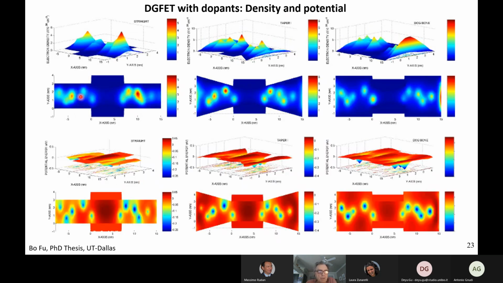Maybe I have this plot which is even better. Here you see some impurities. The student of mine, former student of mine, assumed a given doping concentration, and then you look at how many dopants you would have in order to have that dopant density, and it's a small number, and then he put some of them at random in these regions, and then he took some averages of the various configurations.